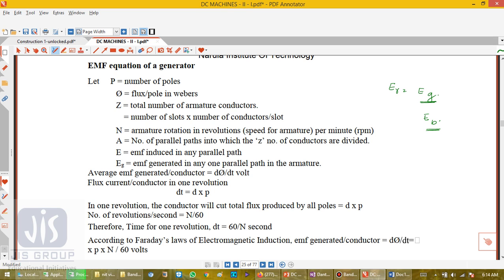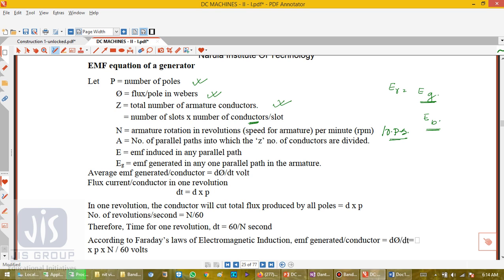Now let phi be the flux per pole in Weber, P the number of poles, Z the total number of conductors, that is number of slots into number of conductors per slot. N is the armature rotation in revolutions per minute, or it can be RPS, revolutions per second.